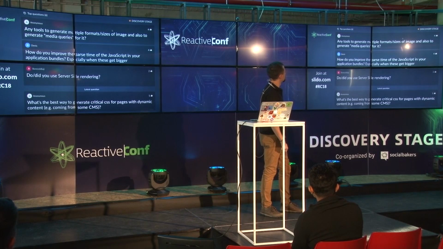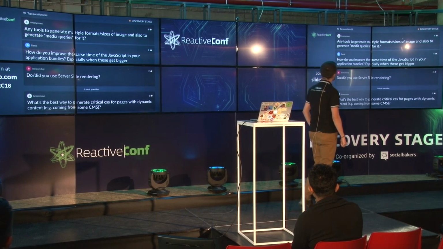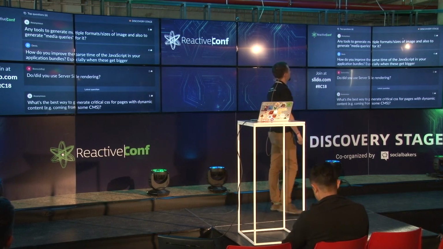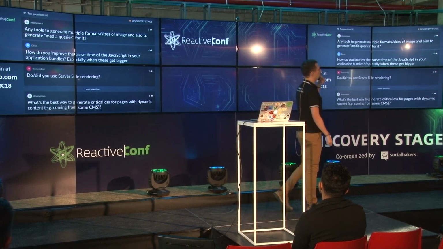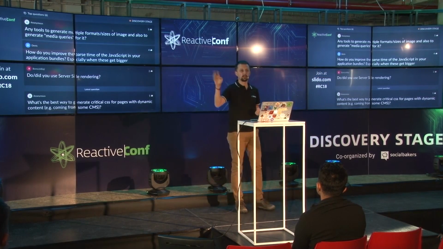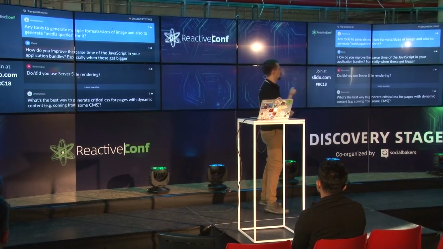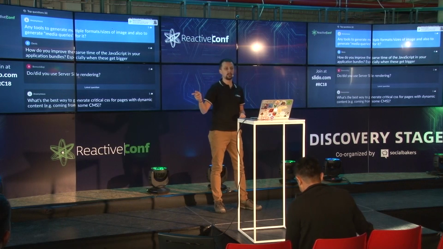Need tools to generate multiple. Okay, yeah. I only worked in Ruby with something called Dragonfly, which allows you to generate on the spot different resolutions for your images based on the requests that are coming in.